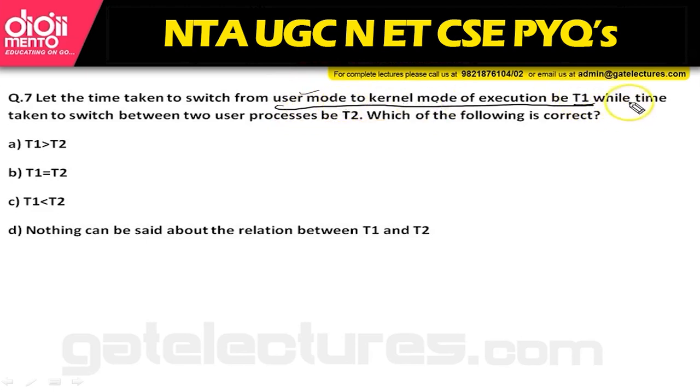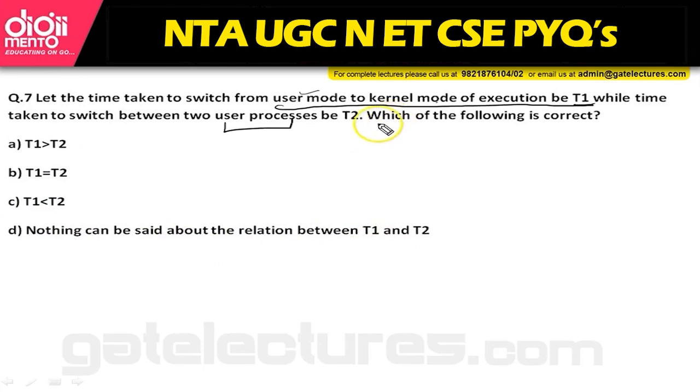While the time taken to switch between two user processes be T2. Which of the following is correct? T1 is greater than T2, T1 is equal to T2, T1 is less than T2, or nothing can be said about the relation between T1 and T2.